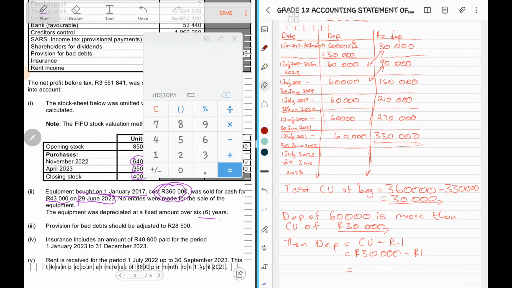So depreciation cannot be 60,000, but it is going to be how much? It will be 30,000 minus 1 rand, which is 29,999.